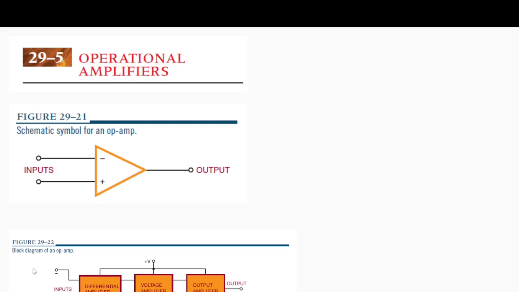So this is a block diagram of the internal functionality and how it's implemented in an operational amplifier. So again, inverting, non-inverting, two inputs, and it goes into a differential amplifier, which is further connected to a voltage amplifier.